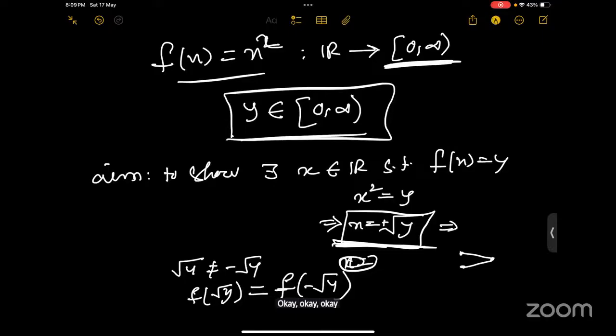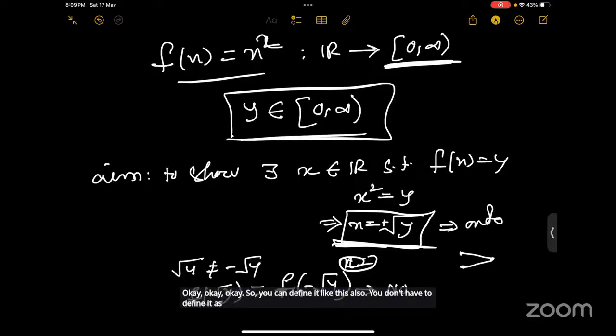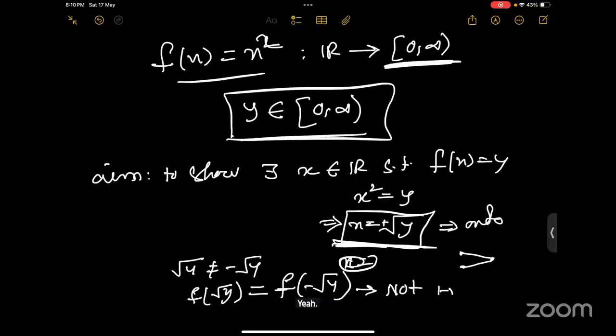So you can define it like this also. You don't have to define it as all real numbers or all integers. We can define it, because range is always a subset of codomain, right? So we can define the same function from R to R, but the function will not be onto from R to R. Are you getting the point? Yes.